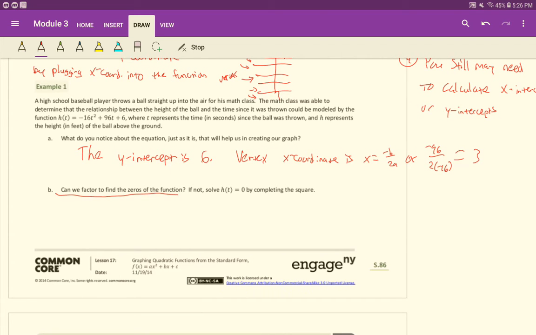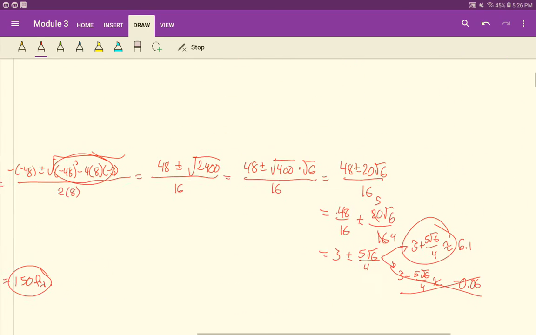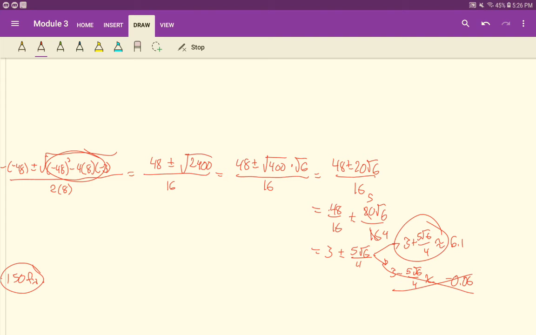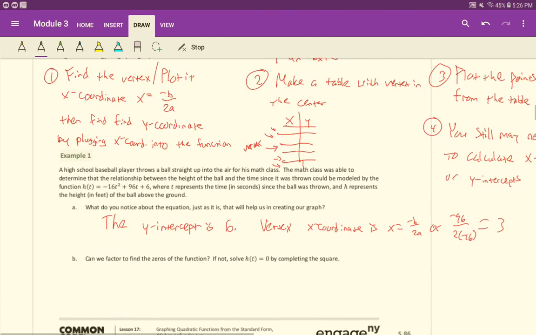Can we factor to find the zeros of the function? No, we cannot. Okay, remember we tried that. If not, solve h of t equals 0 by completing the square. No, we're not going to do that, we did that already. We used the quadratic formula, and I think that was easier than completing the square. So we already have that there. You can review that. But again, we got 3 plus 5 root 6 and 3 minus 5 root 6 over 4.